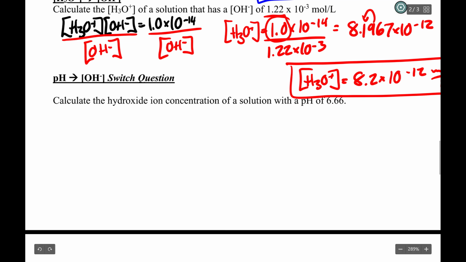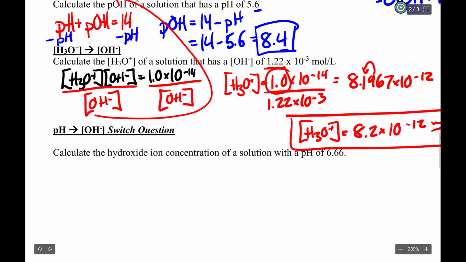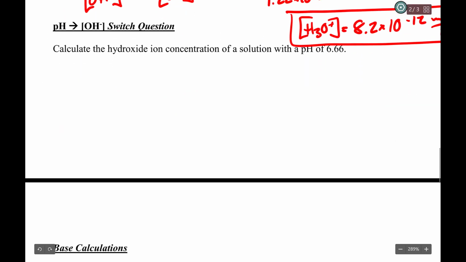When I want to go from one to the other, I either have to use just a switch equation, like one of the two above, which is really simple, or I'm going to have to use a switch and then one of the other equations, whether it's acid or base. These questions always have 2 possible answers, and I am only going to solve for these ones in one way, but there is more than one way to solve them.